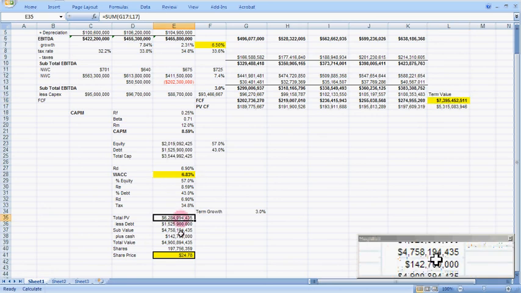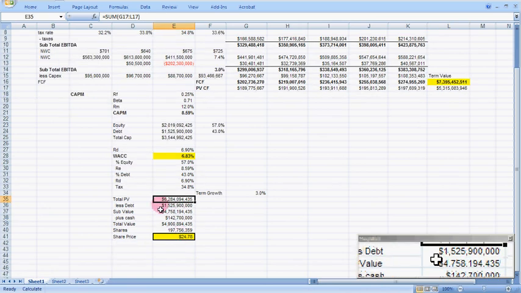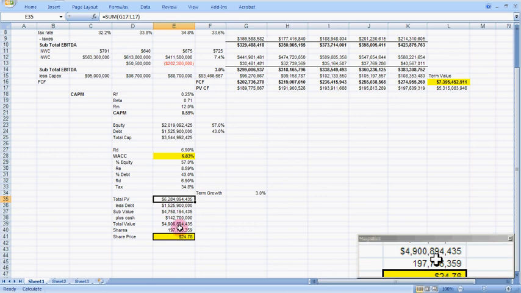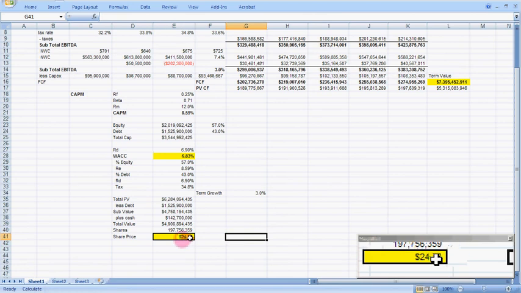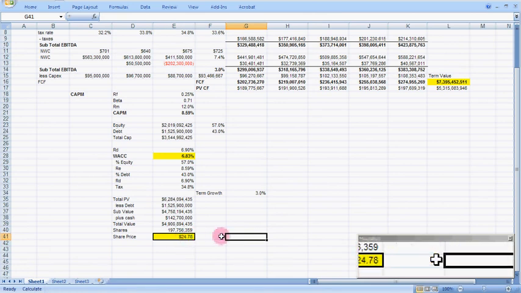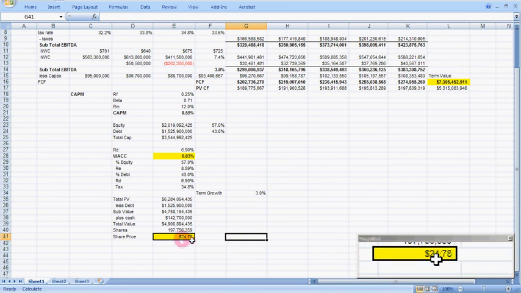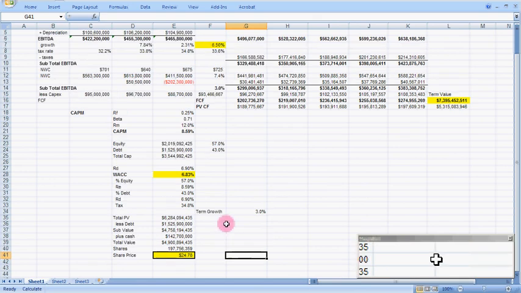You finally get the total present value minus the debt to find the value. Your total value divided by the shares ends up being 24. So you can compare your 24 with the actual price it's selling for, 40 in the stock market. You're at 24, so it's actually selling a lot higher than what it's worth. So that's just another method.